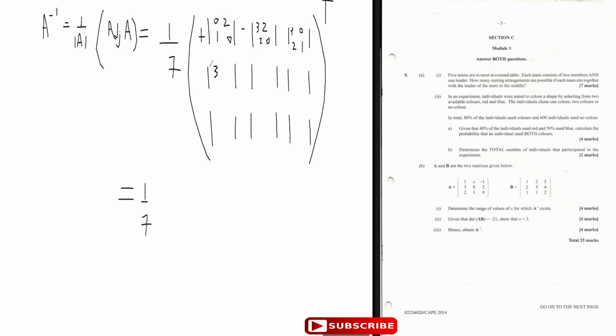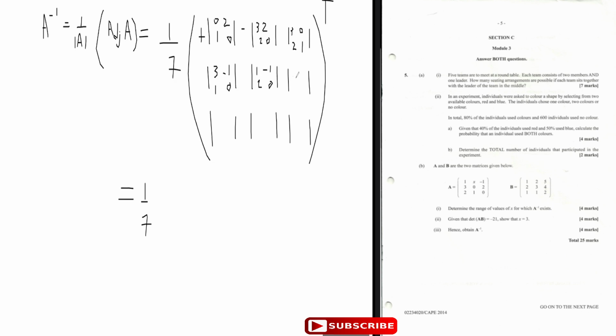So it's going to be x minus 1, 3 minus 1, 1, 0. Then in the middle, it's going to be 1 minus 1, 1 minus 1, 2, 0.